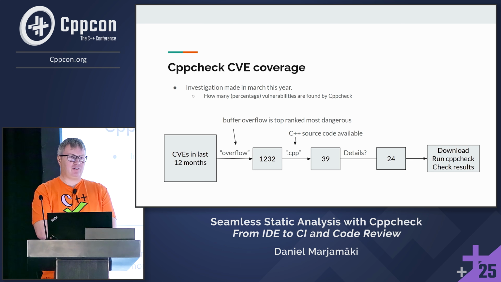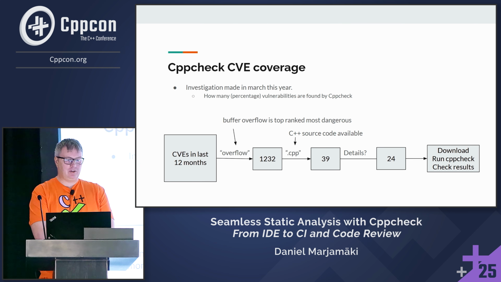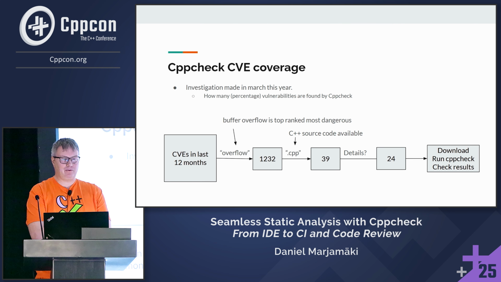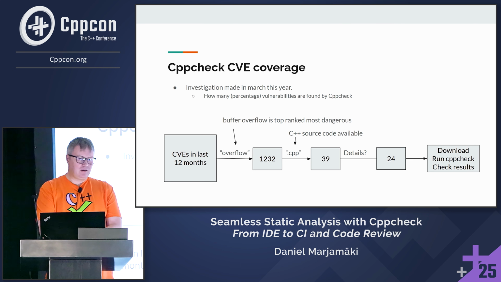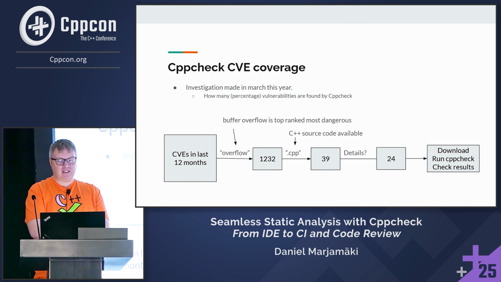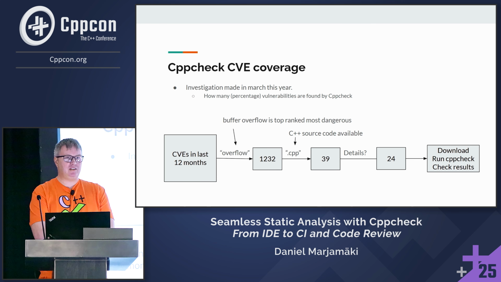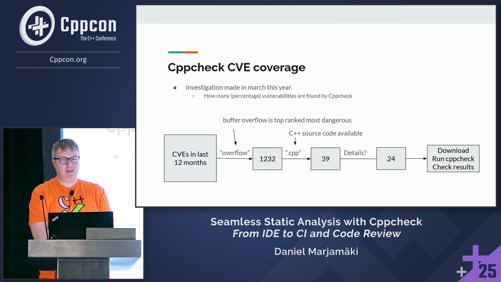So I started to filter down the CVEs a bit here. I only looked at CVEs that have overflow in the keyword, and then I got 1,232 CVEs. Many of these CVEs were for proprietary code that I don't have access to, and many were for other languages also.